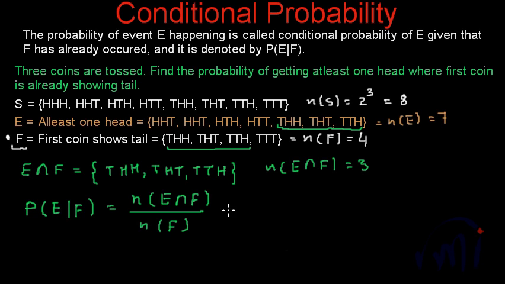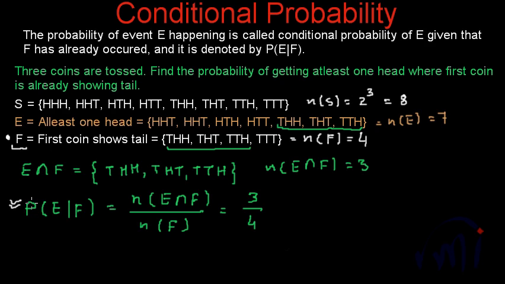And what will this be? This will be equal to 3 by 4. 3 is the cardinal number of E intersection F and 4 is the cardinal number of set F. And what is set F? It is the set of all the possible outcomes where event F is happening, right? So this is the formula to find the conditional probability, right?